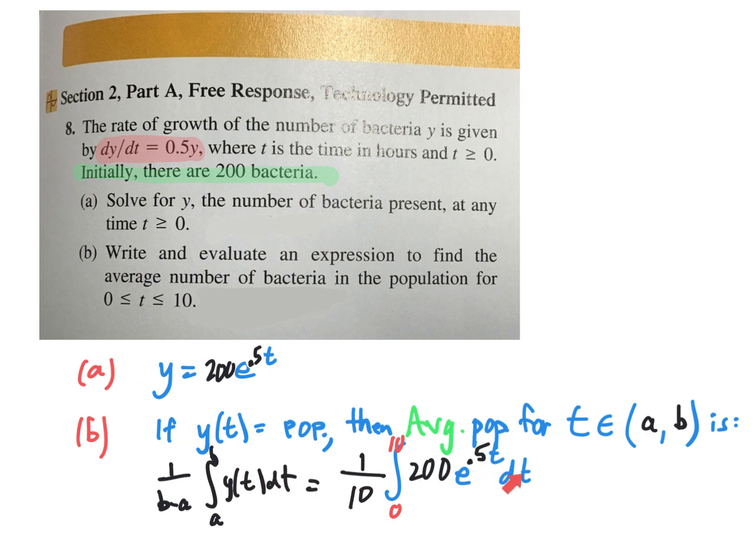So we'll use our calculator, and we get our final answer of about 5,896.526 bacteria. All right, I hope that helps. If you had any questions on number 8, part B.